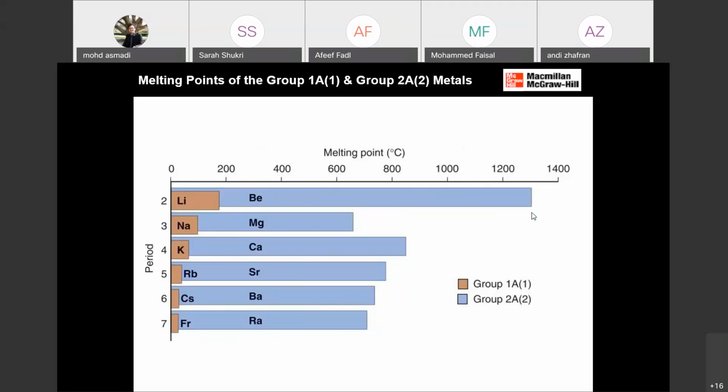How about in terms of thermal and also mechanical properties? Anyone? High melting point, yes, I know. I want to know in terms of thermal as well as mechanical. Ductile, yes, it's ductile.